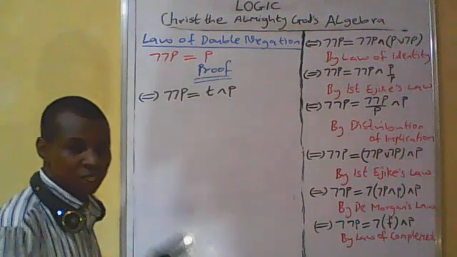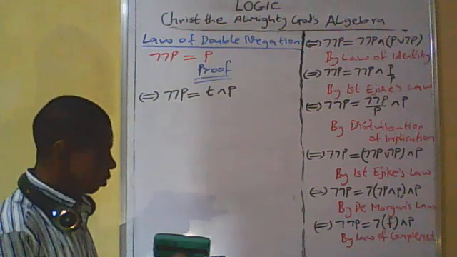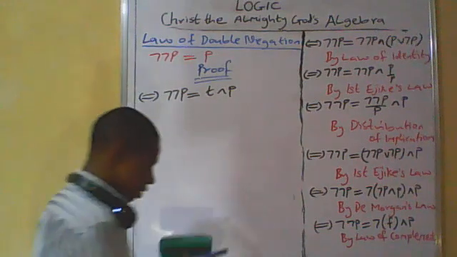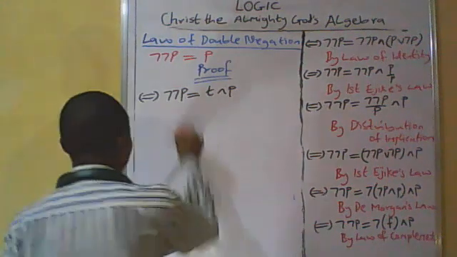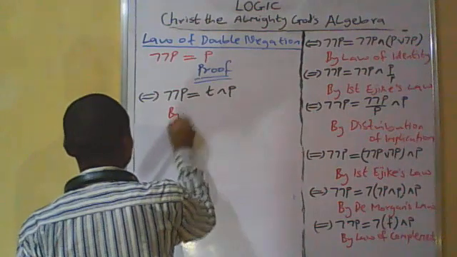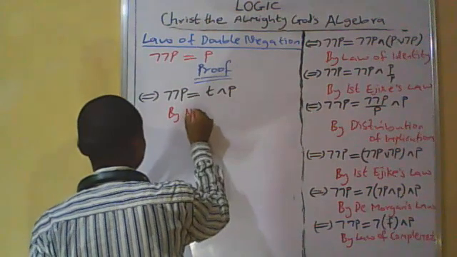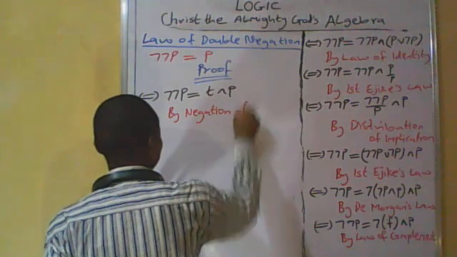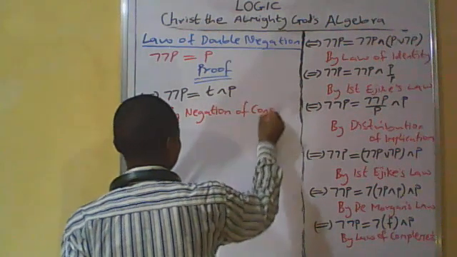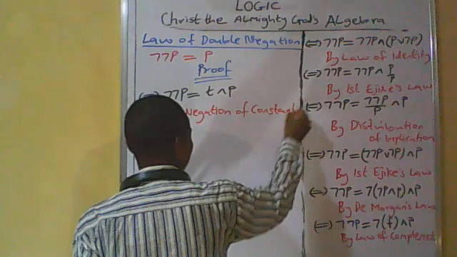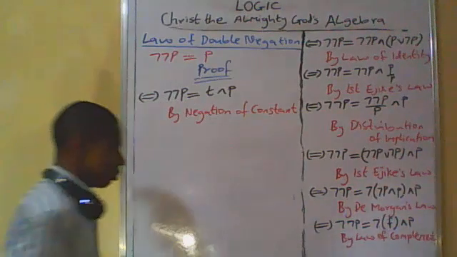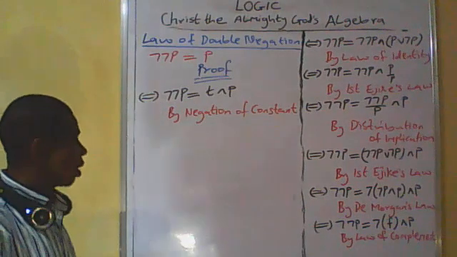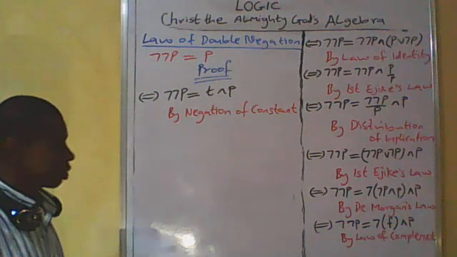The process of operation keeps both sides equal. Being justified by negation of constants.